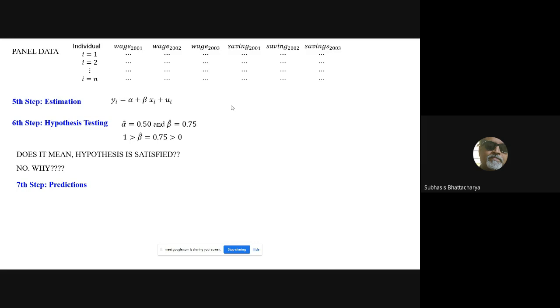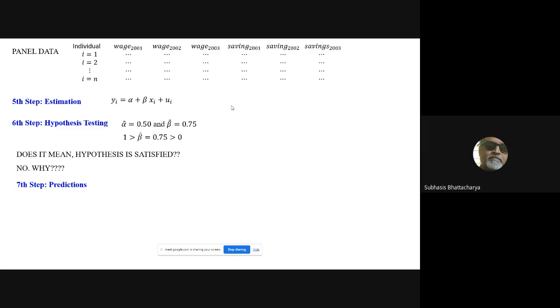That is the statistical significance of beta hat. But we do not do it by collecting different samples and checking the value of beta everywhere. We do it by some different process. So this is the statistical significance of beta hat.